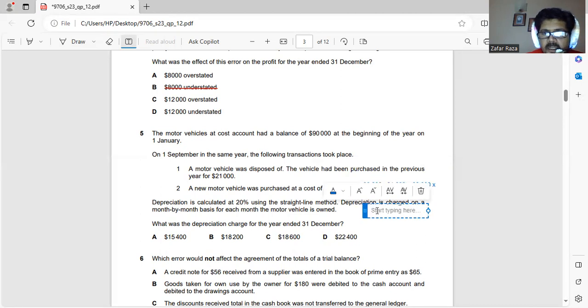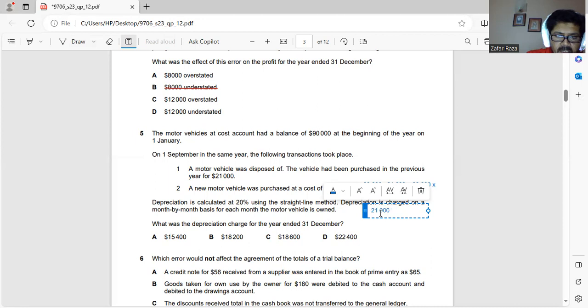So we have to include in this year 8 months depreciation: January, February, March, April, May, June, July, August. 1st September we have sold, so we have to add 8 months depreciation of this motor vehicle which has been sold.